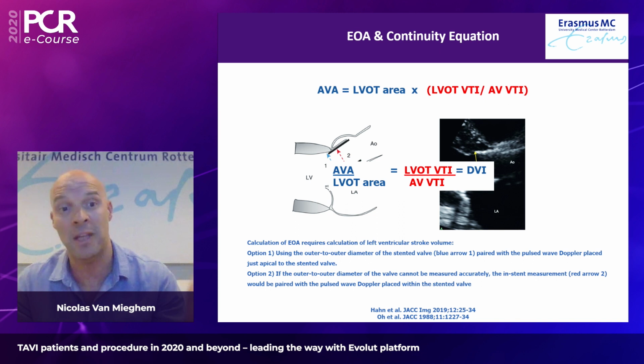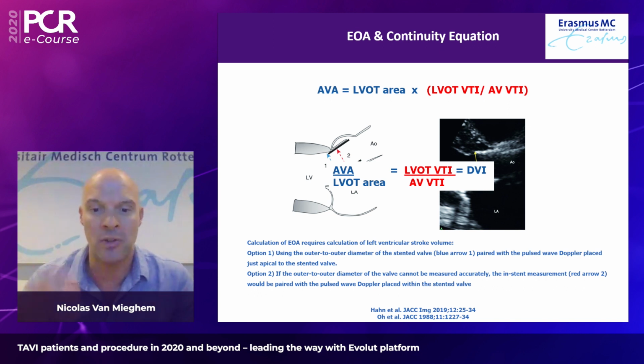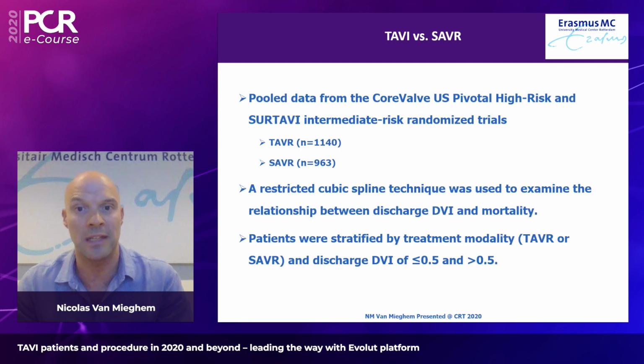So if you take a quarter of that, you are at 0.75 centimeters square. And this is exactly one of the cutoffs to talk about severe aortic stenosis. If that ratio is 0.3, then you arrive at 1 centimeter square, 3.2 divided by 3. So this is basically what you need to know about Doppler velocity index.